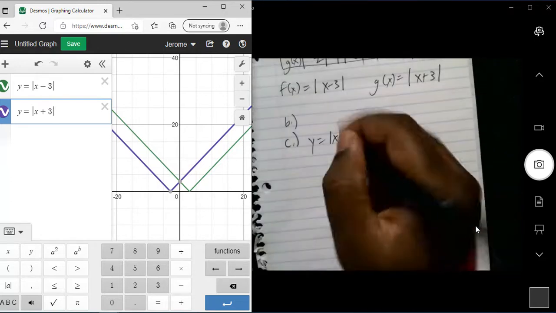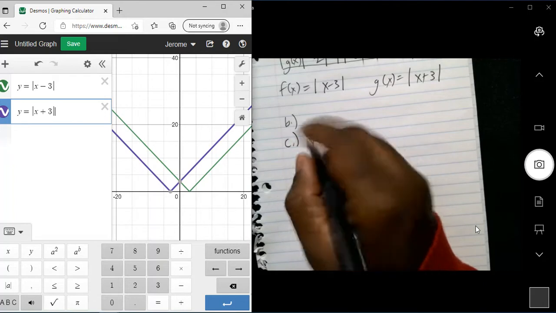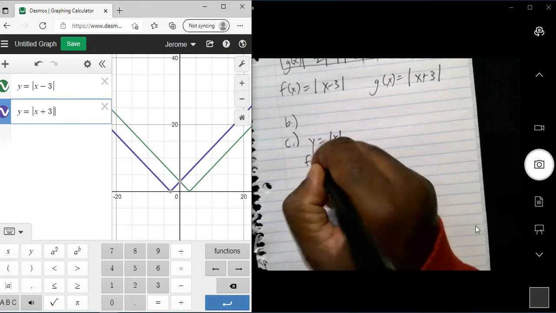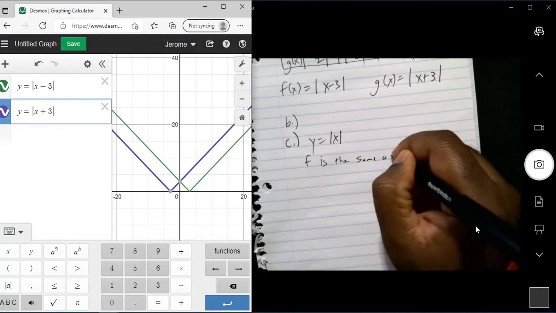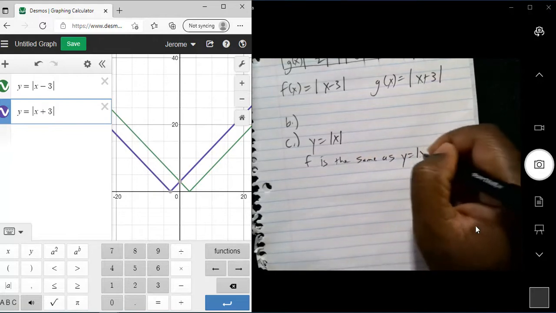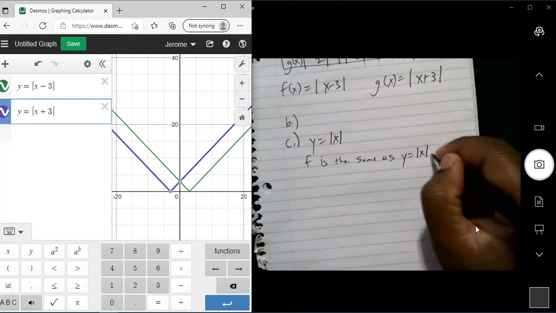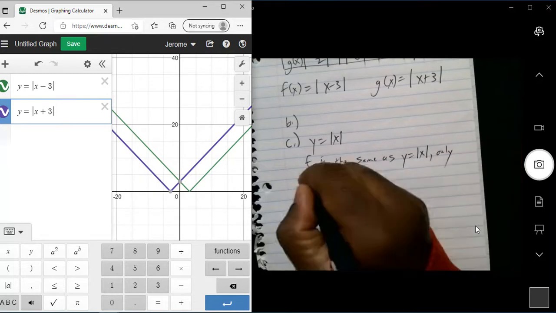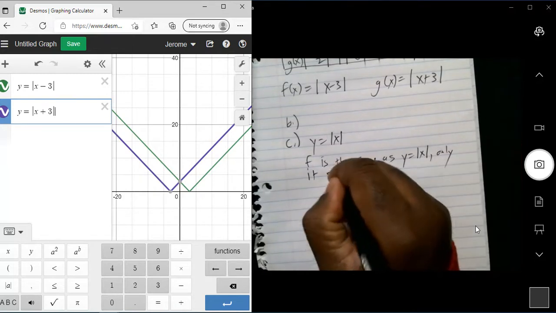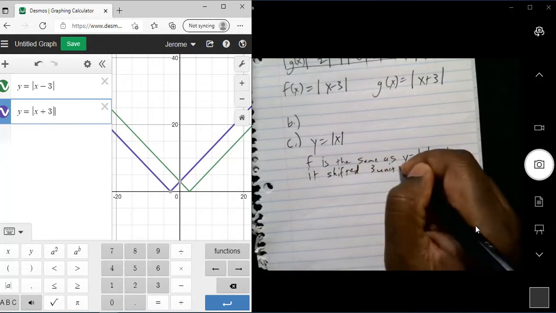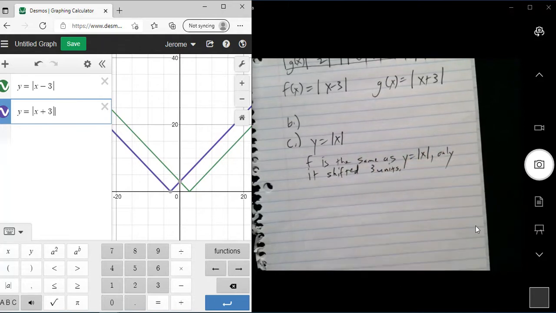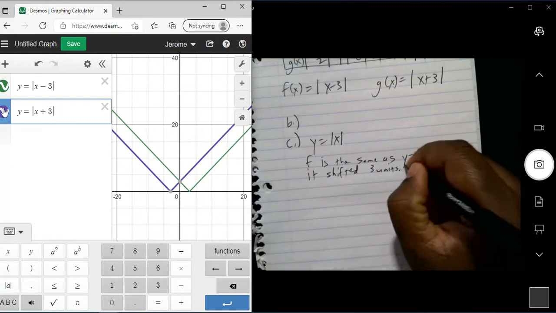Now, first of all, f is the same as y equals the absolute value of x, only it shifted 3 units. Now, I'm going to show you this. First thing, well, I should say where it shifted 3 units to the right.